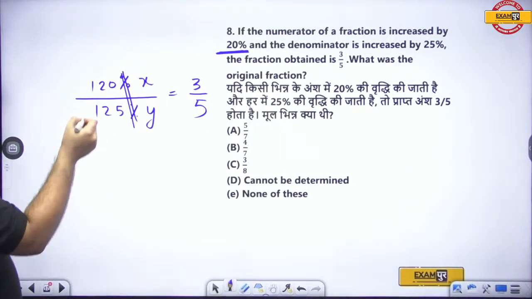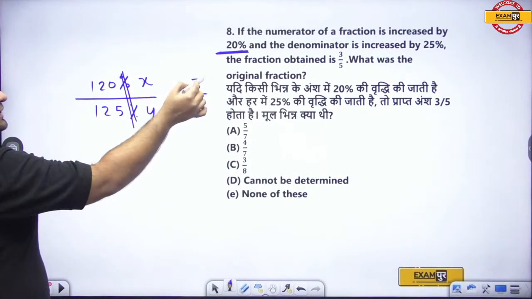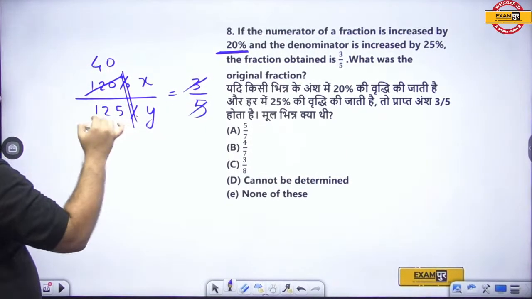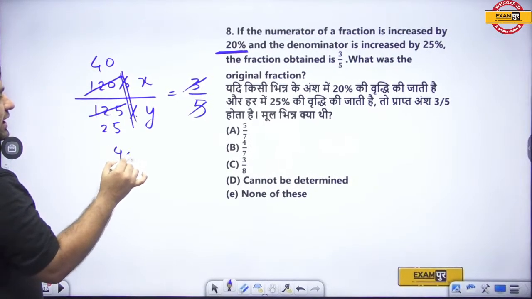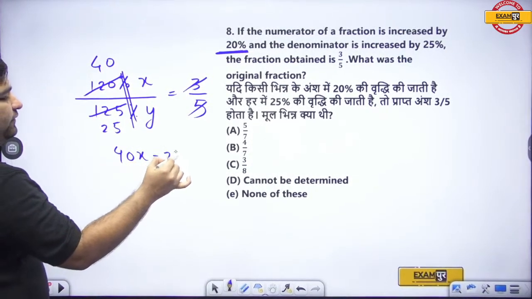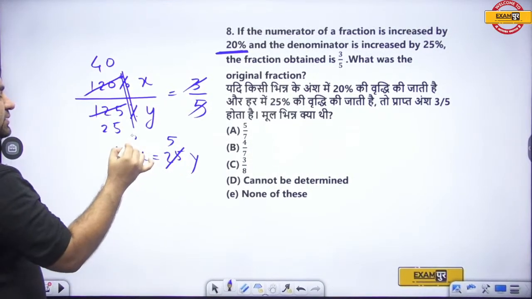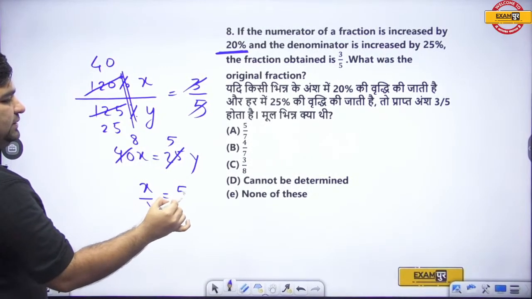You can simplify them as well. It is becoming 40 and this is becoming 25. So 40x is equal to 25y. Simplify: 5, 8. So x over y is 5 by 8.